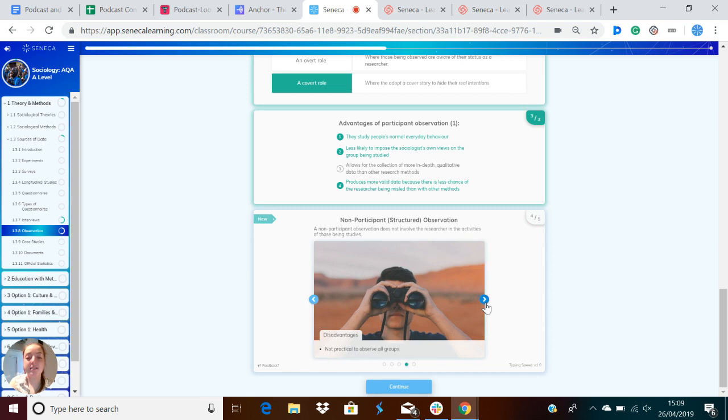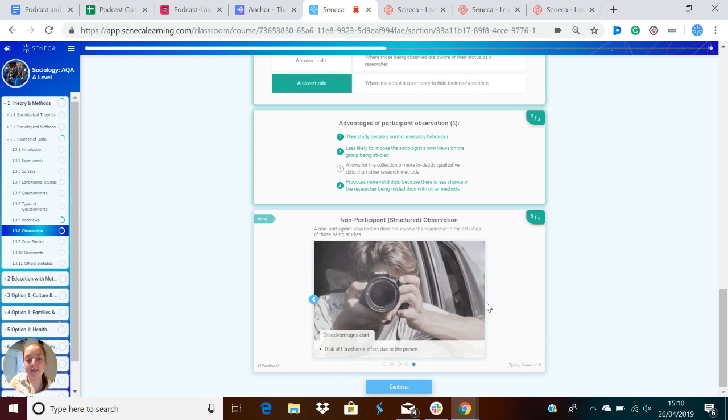The disadvantages are that it is not practical to observe all groups, and it's very difficult to record all observed incidents. The categorization of observations is influenced by the observer's interpretations, so different observers of the same group might record incidents differently, so it's subjective.